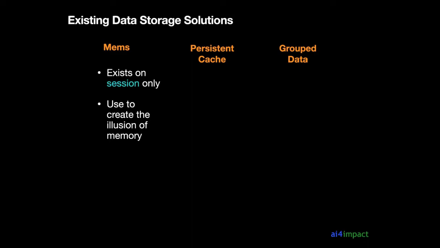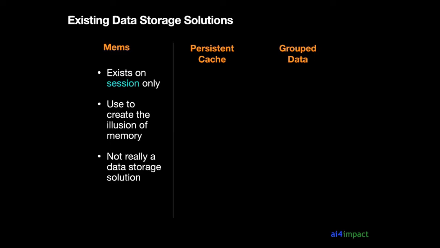So the chatbot itself is only alive, so to speak, occasionally, when the user sends something back to the server, when he clicks on the send button. Otherwise, the chatbot is quiet. It's actually dead. It runs for a while, then exits, runs for a while and exits on the server side. But the MEMS allow you to create the illusion that the chatbot is always up, always trying to respond, and can remember what it's done before.